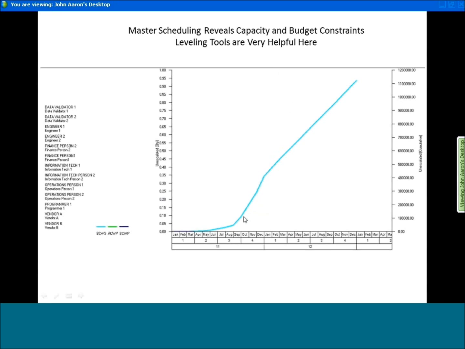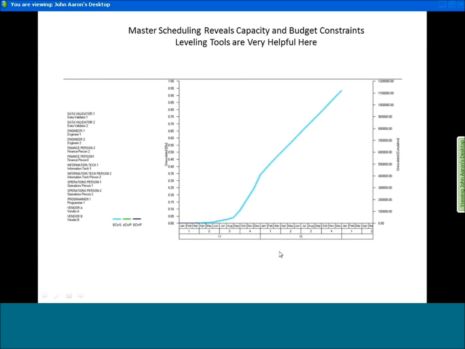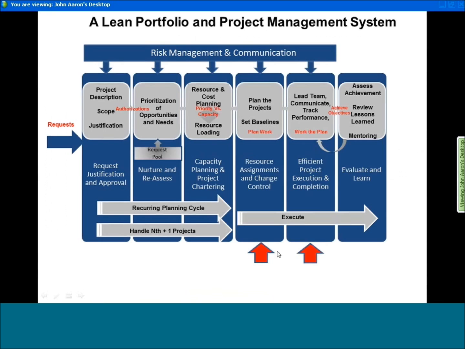The other piece here is the budget constraint. So not only are we resource constrained in terms of people and hours, it's the amount of dollars that are available to fund these. So especially if these are internal investment projects or expense projects, as opposed to customer projects where you get revenue for those, this becomes even more critical that we understand how much we are spending during our planning periods, and if we're adding projects, what that's doing to us in terms of our ability to spend and afford it.